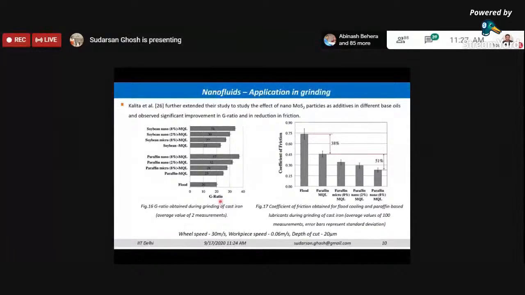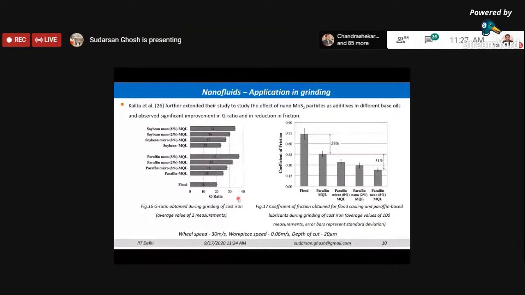If the grinding tool wear is less and the amount of material removed is more, it means the G ratio will become higher. The higher the G ratio, the better it is. Here, as you can see, by using nanoparticles, nano soybean or the nanoparaffin, they have been able to achieve very good and very high G ratios.